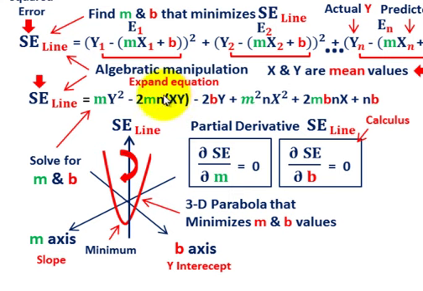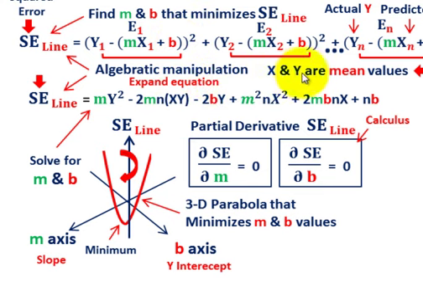I'm going through this just in case you're interested in doing it. Then minus 2b times y, plus m squared n times x squared, plus 2mbn x, plus nb squared. So expanding our total squared error equation, we're going to come up with some equation here.